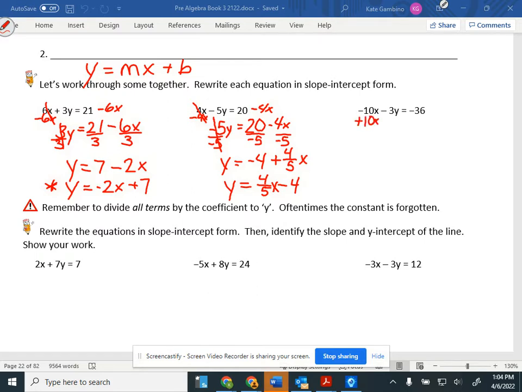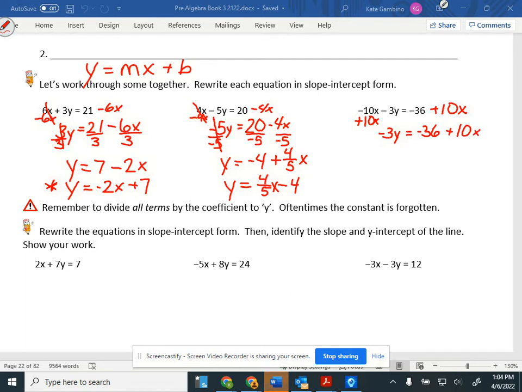Right? And then we want to do it to the other side. We can't do it to the negative 3 because that's a constant and that has a variable. So it's just negative 36 plus 10x. So I'm left with negative 3y equals negative 36 plus 10x.